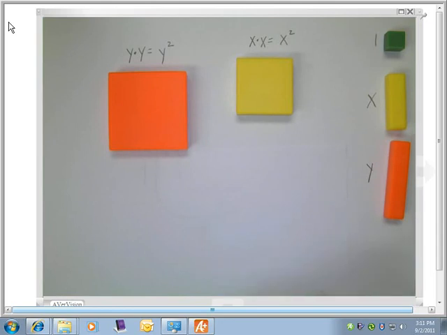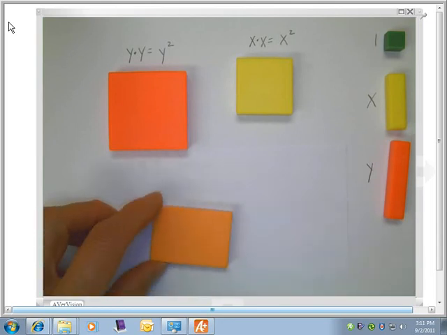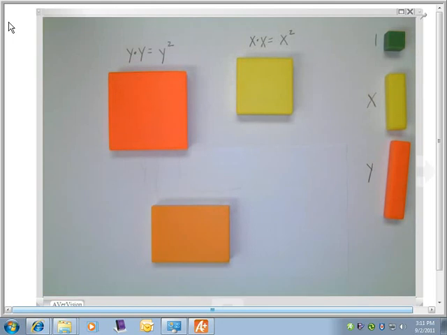We have another shape I want to look at, and that's this one. Definitely not a square. So how are we going to figure out what it is? Let's use the same process we did with the others.